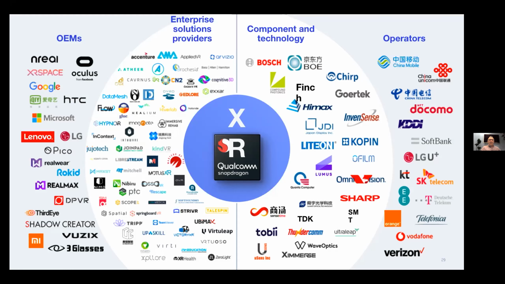Now, if you think about that, we at Qualcomm are so far away from the end user that it makes it really difficult for us to truly understand the use case, to truly understand what your needs are as educators, as students, what the OEM needs are, what enterprise solution provider needs are. So what we have done is we have created multiple programs within the company.